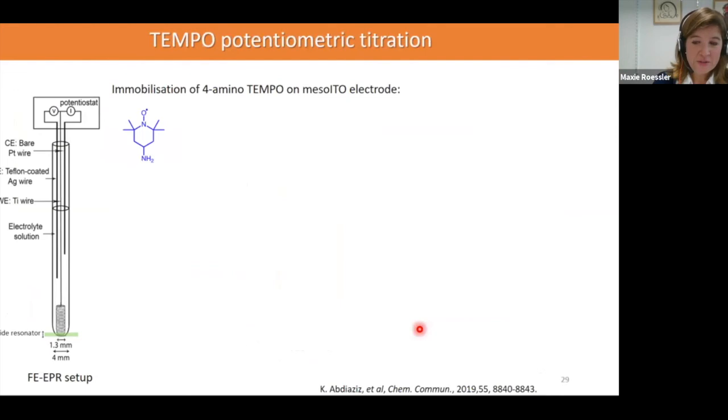We first of all had to benchmark our setup, and for this purpose we chose just about the simplest redox active paramagnet that you might think of, which can be covalently attached to ITO, and that's an amino derivative of TEMPO.